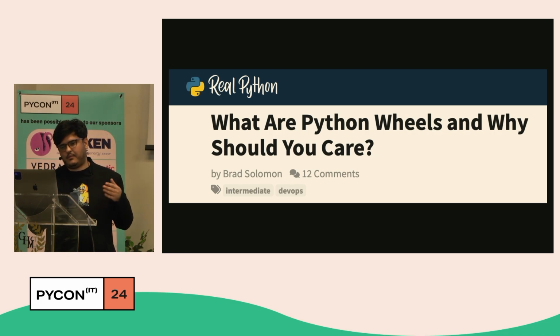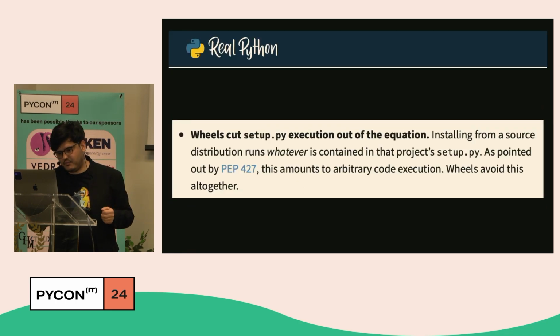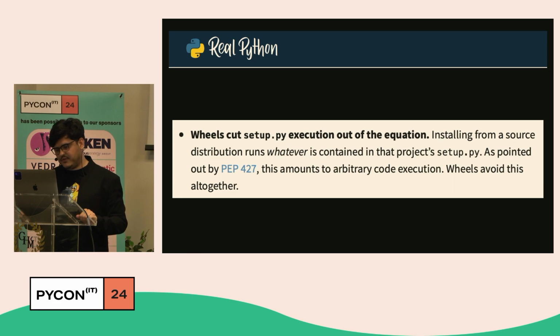And there's a Real Python article about Python wheels, which I read, and I think it's fairly informative. I liked it. But there's a bunch of claims in it about advantages that Python wheels have. I don't have an issue with most of them, but with a couple I do. So I would like to debunk them, because I've also seen them written elsewhere. One says, wheels cut setup.py execution out of the equation.